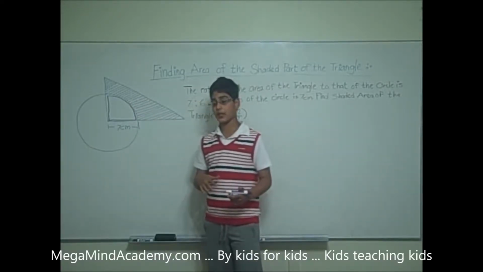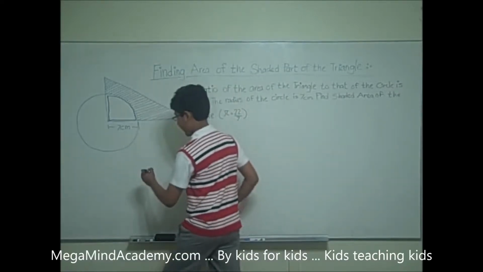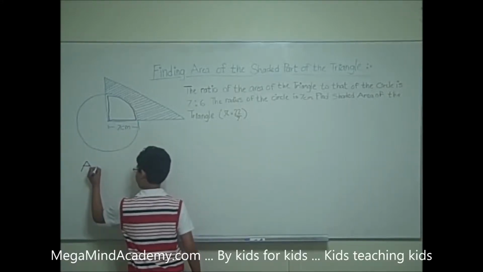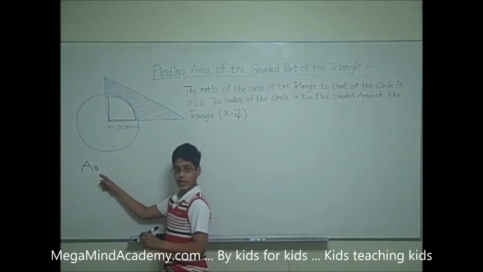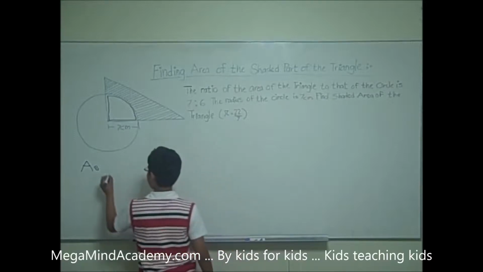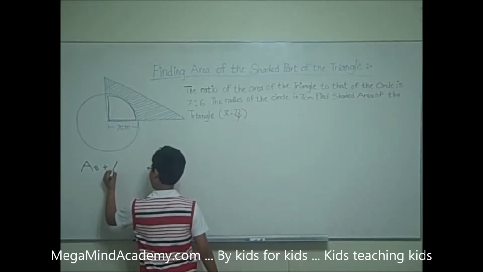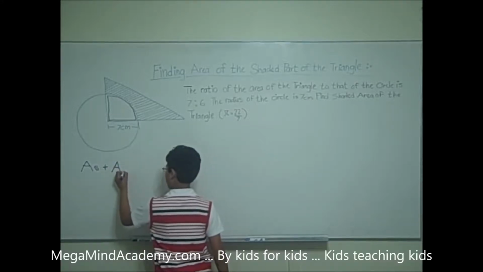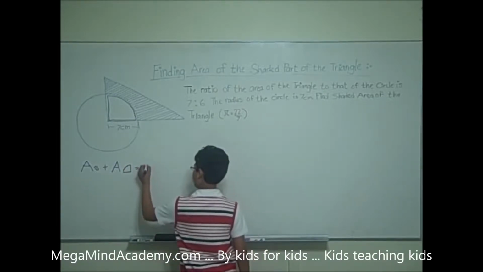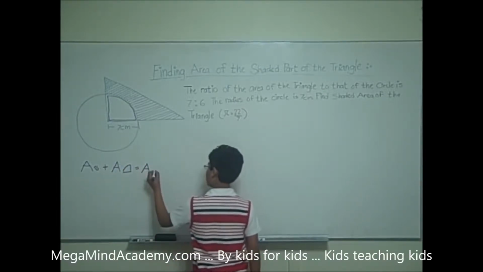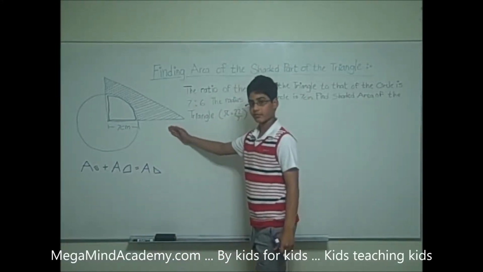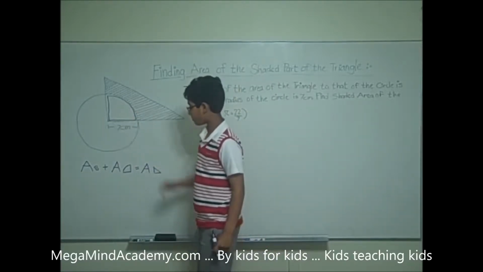So, this means that the area of the shaded part of the figure, S for shaded, plus the area of the quadrant is equal to the area of the triangle. This triangle right here, and this is the quadrant.